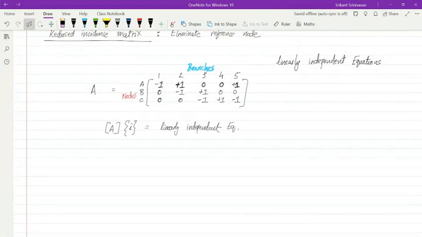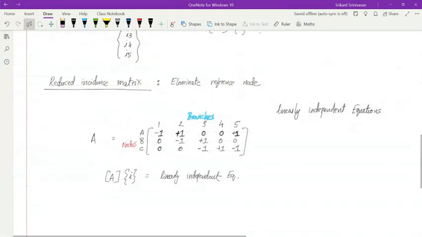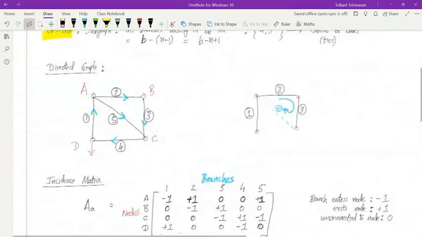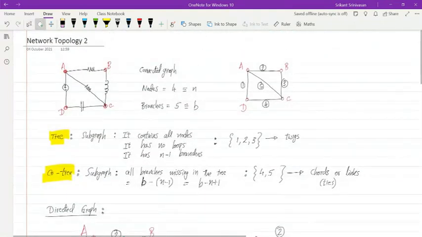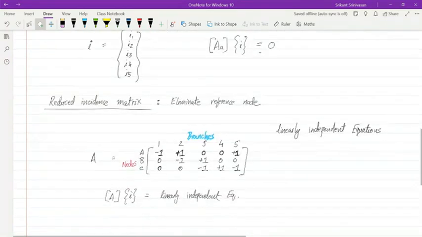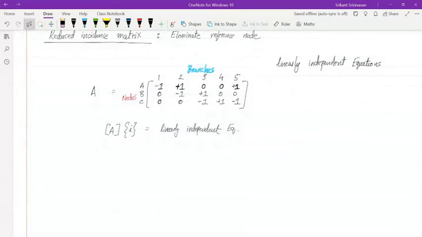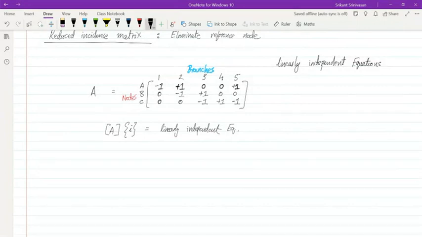The same reduced incidence matrix, I could have also, if I want to find out what is the voltage drop across all these elements over here. I want to find out what is the voltage drop across 1, what is the voltage drop across 2, voltage drop across 3. So if I know what is the value of VA, VB and VC, and I assume D is ground, then I can find that also just by doing a transpose version of it. So I could say that if I want to find out the voltages of the various branches. So this is matrix A, which is reduced incidence matrix.